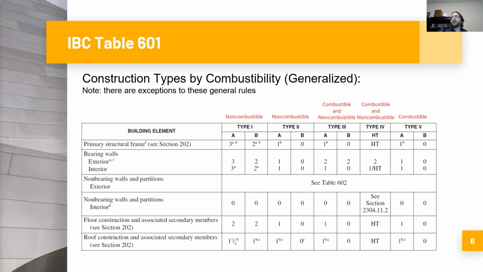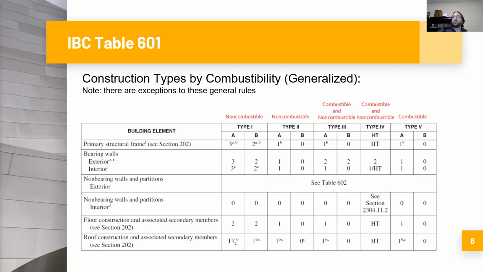And type 5, while type 5 is properly defined as any material allowed, in practice, type 5 construction is generally just combustible. When you talk about type 5 buildings, you really generally are talking about wood framed, stick framed, wood sheathed structures.